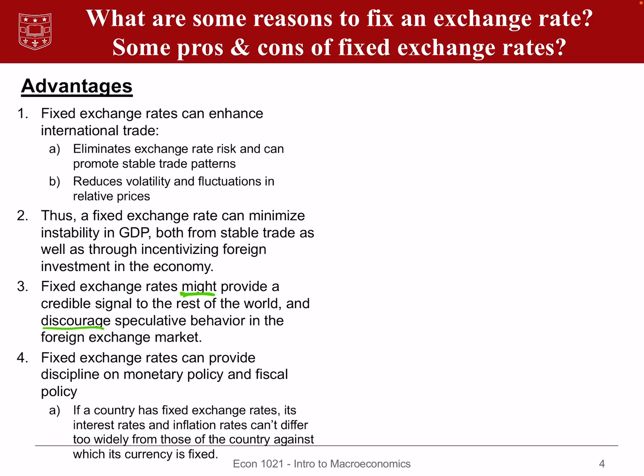This is also a good time to point out that exchange rate systems can be bilateral fixes or they can be unilateral fixes. In our previous slide, where I said the Hong Kong dollar is fixed to the US dollar, that's a unilateral decision. The Hong Kong Monetary Authority is undertaking actions to ensure that the Hong Kong dollar remains stable, fixed, with respect to the US dollar.